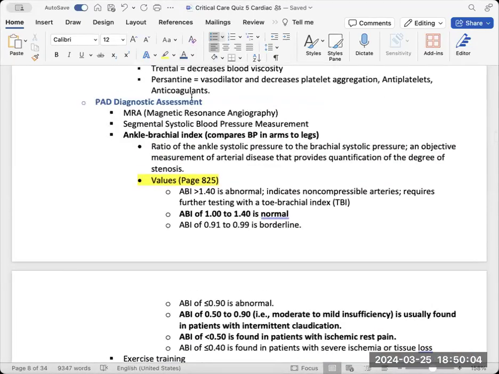So the ankle brachial index, just for context, compares the blood pressures in the ankle and the arm. So it's seeing how adequately you are perfused. A normal person would have a 1 to 1.4, hopefully, right?